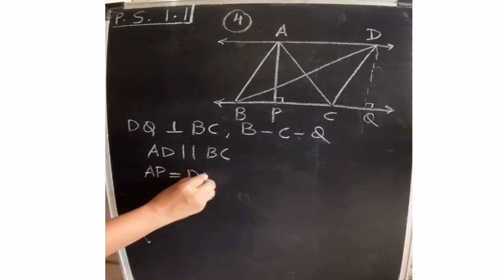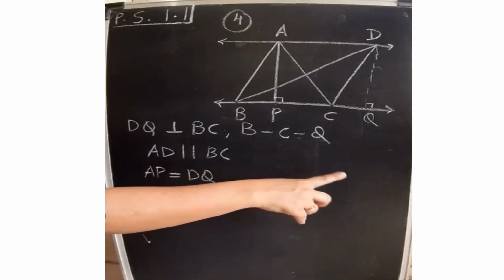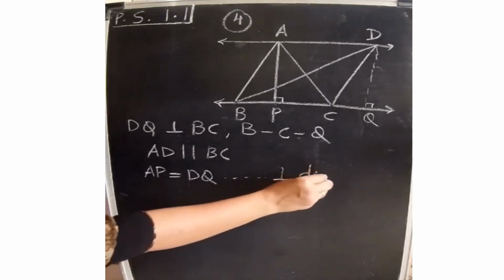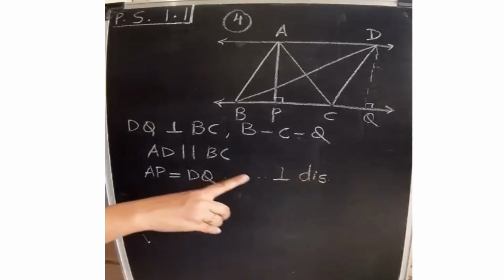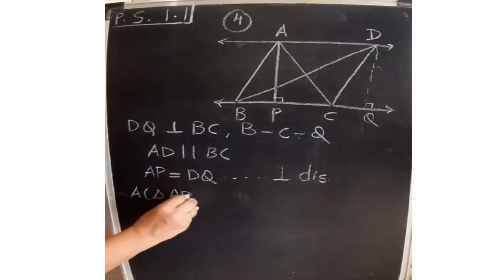So AP equal to DQ, because perpendicular distance between two parallel lines is same. This reason students have to write down: perpendicular distance between two parallel lines is same.